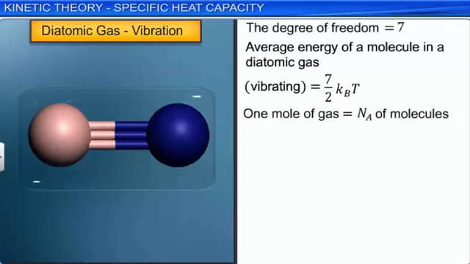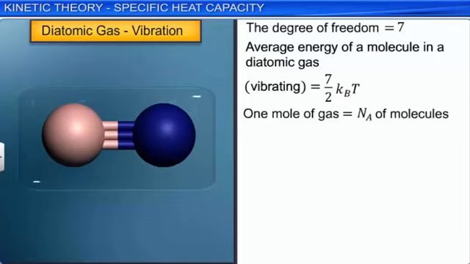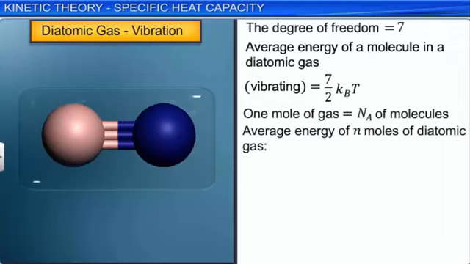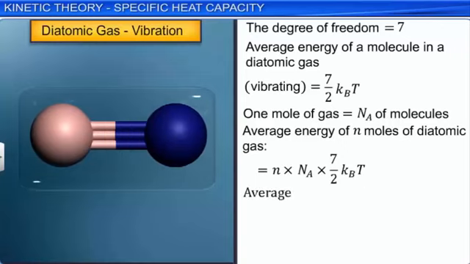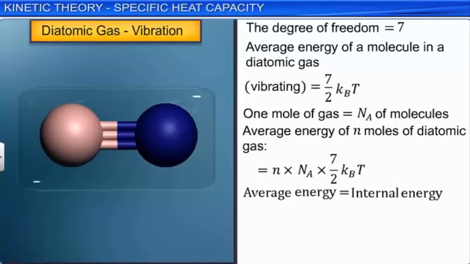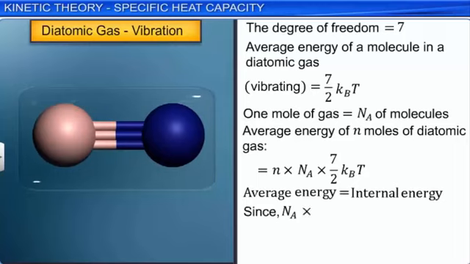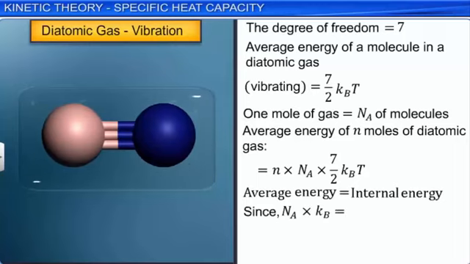Then, the average energy of n moles of a diatomic gas is equal to n times NA times 7/2 kBT. This energy is equal to the internal energy of the gas. Since the product of Avogadro's number NA and Boltzmann's constant kB is equal to the universal gas constant R, we get U is equal to 7/2 nRT.